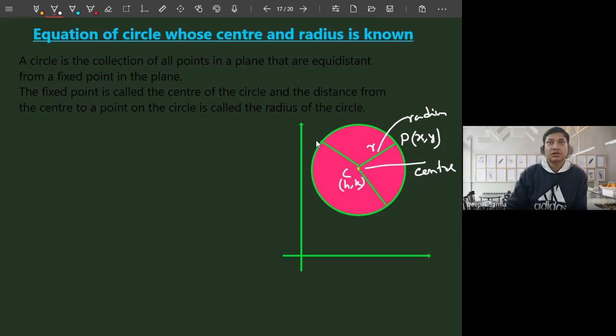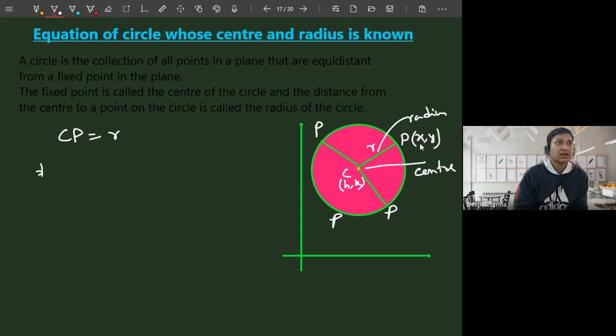Now what is a circle? Circle means all the points P whose distance from the point C is fixed. That is what we have. Ultimately CP equals r. Now what is CP? Because the coordinate of P is x, y and the coordinate of C is h, k, we know what CP is.